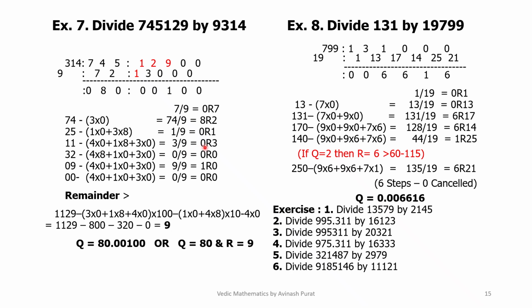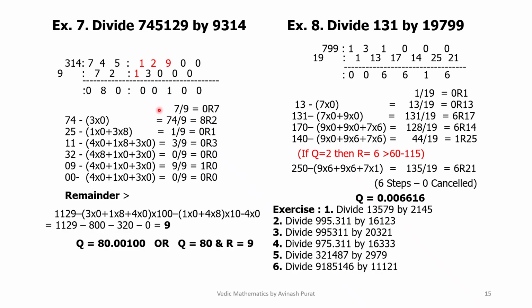So 0 is the quotient and the remainder is 3. 32 is the next dividend, minus 4 into 8 plus 1 into 0 plus 3 into 0, that is 32 minus 32 is 0, divided by 9 equal to 0, remainder is also 0.